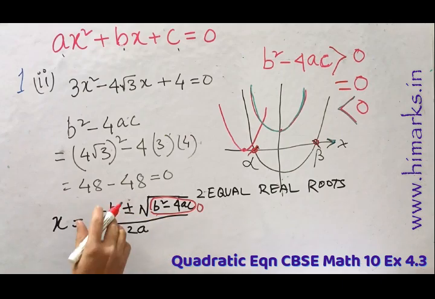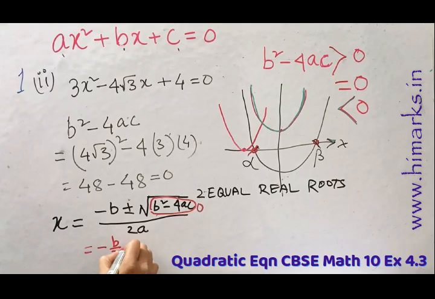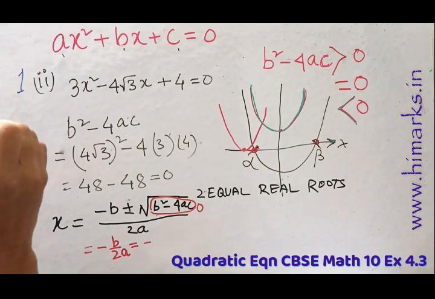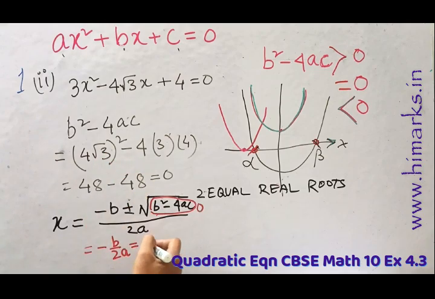That is why our answer will be decided only by minus b by 2a. So our value of the roots is minus b. What is b? See here, this minus is from the formula, don't be confused by that.